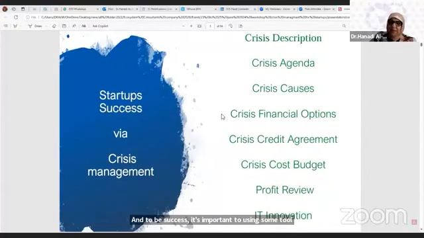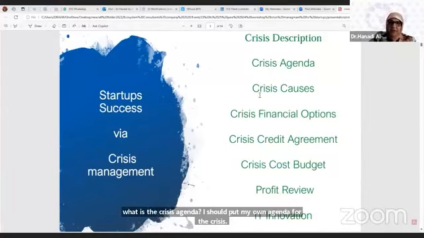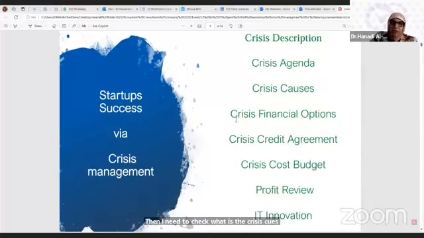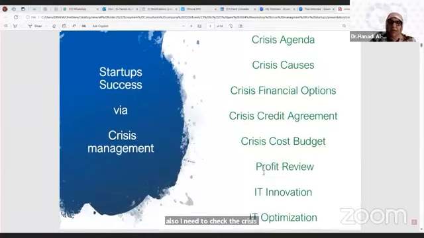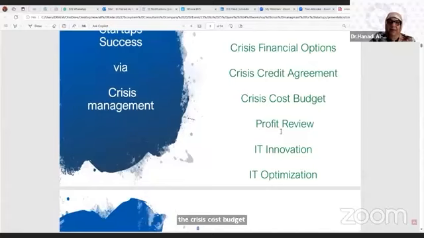First, we need to define what the crisis is and what the crisis agenda is. I should put my own agenda for the crisis. Then I need to check the crisis causes, and also the crisis financial options, the crisis credit agreement, the crisis cost budget, the profit review, IT innovation and IT optimization.